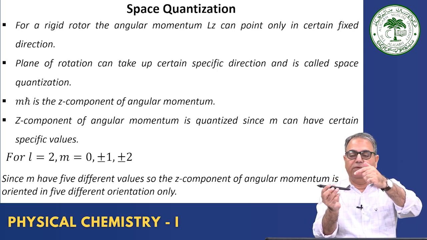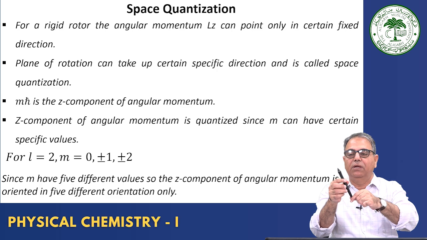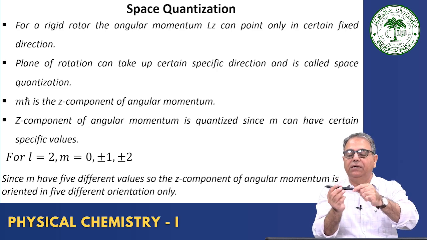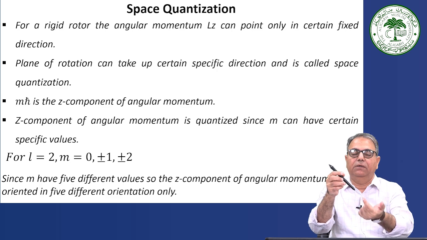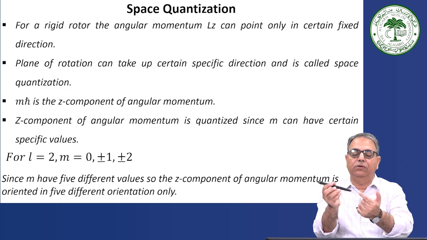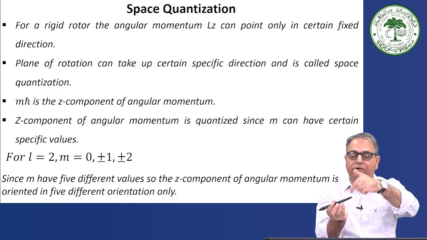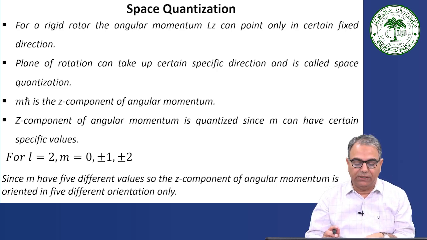Rotation is possible in one particular direction, a second particular direction. If you have two values of Lz, then only two rotations are possible, this one and this one. And if you have 5 different values, then this one also, and this one also. Look at the figure, because this is what is called space quantization.